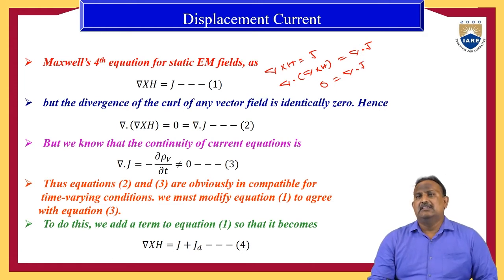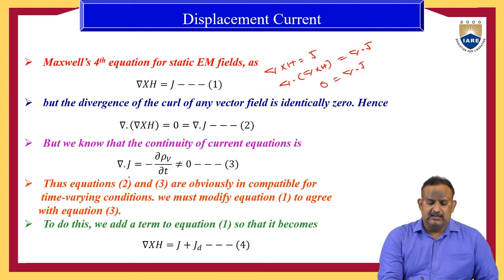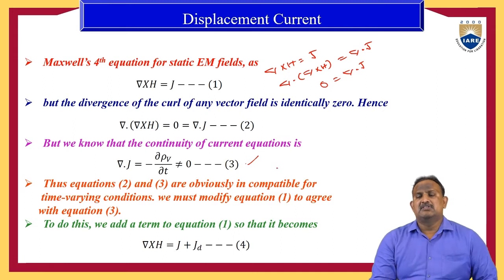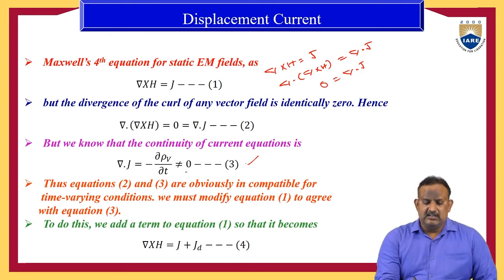But according to the continuity equation, del dot J is equal to minus dou rho v by dou t, which is not equal to 0.